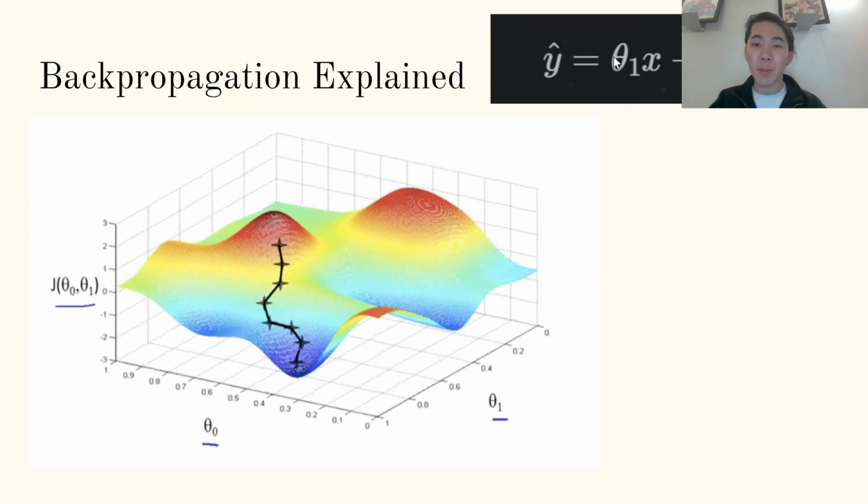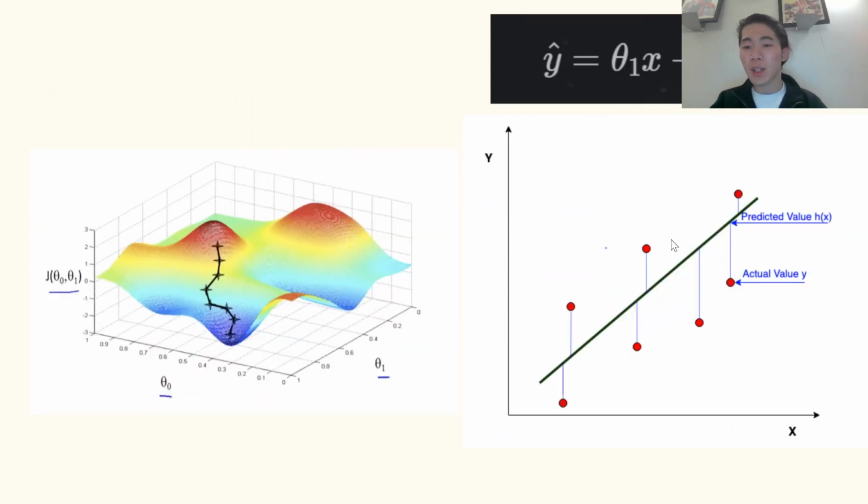So in this example, your model could be as simple as y dash is just theta 1 x plus theta 0, and your loss, right, is going to be this. You take all of the data points, which are these red points, and this is the predicted value that this model gives, and you take the differences between the data points and the predicted value.